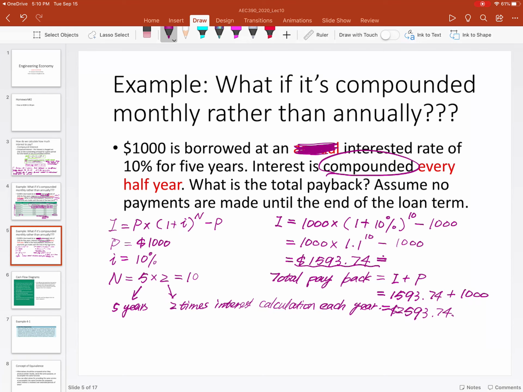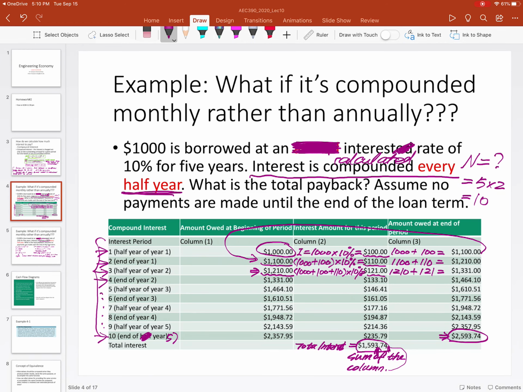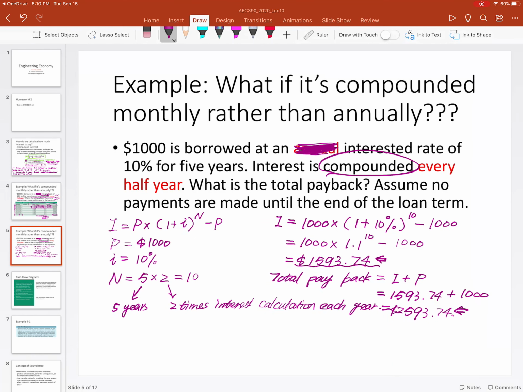Now you can check and compare these two numbers, this number and this number, to the formula. Exactly the same, right? Which means the equation works, which also means our manual calculation works. But usually when you have such a problem, I would like to use the equation method because it's quicker.